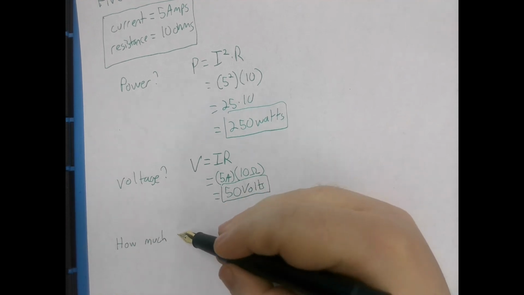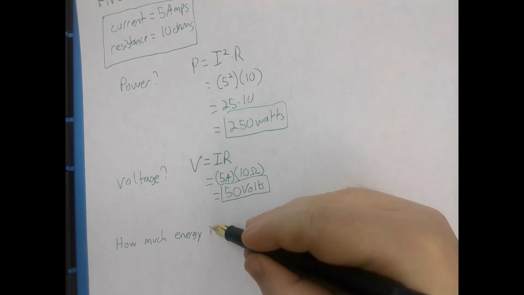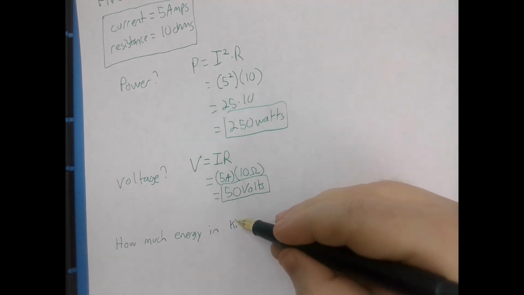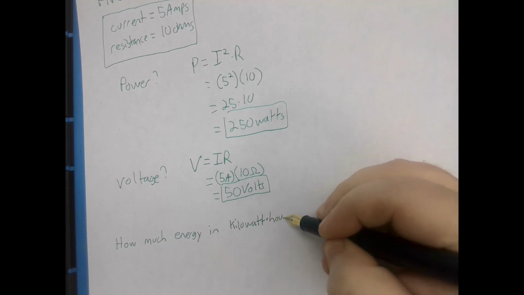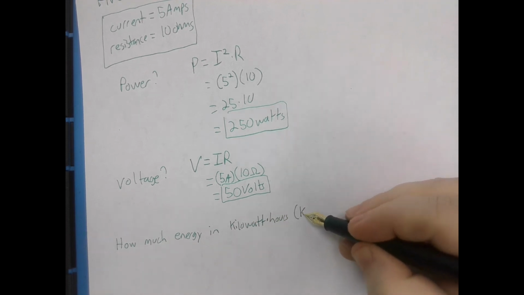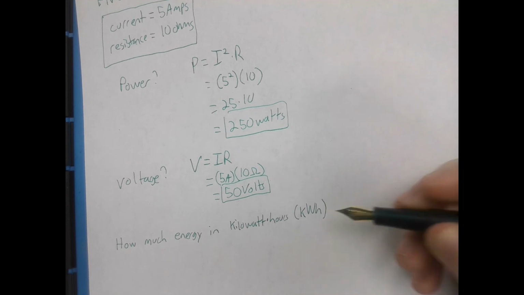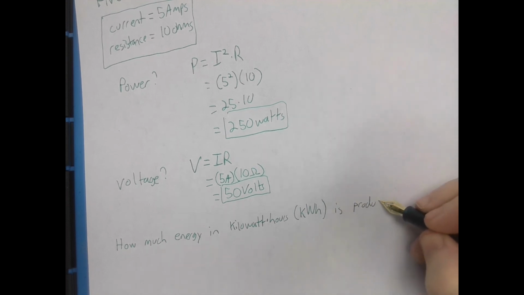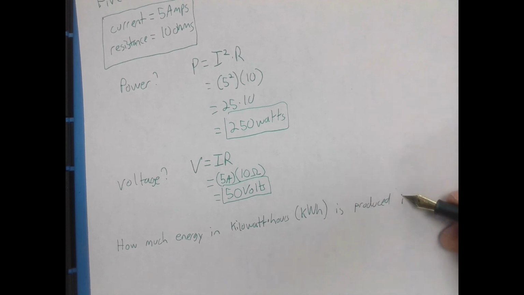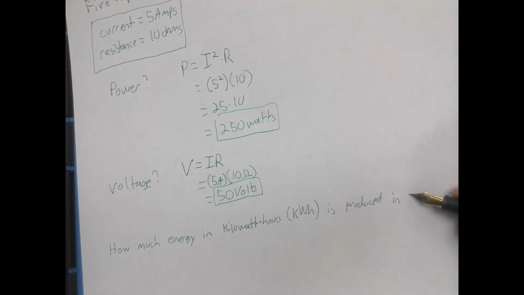How much energy, in kilowatt hours, same thing as kWh, is produced in 7,200 seconds?